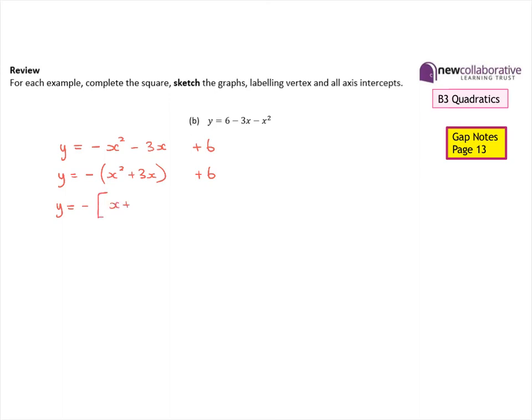So we get x plus 3 over 2 squared, subtract 9 over 4, and then we've got plus 6. So that becomes negative x plus 3 over 2 all squared plus 9 over 4 plus 6, giving us negative x plus 3 over 2 squared plus 33 over 4.